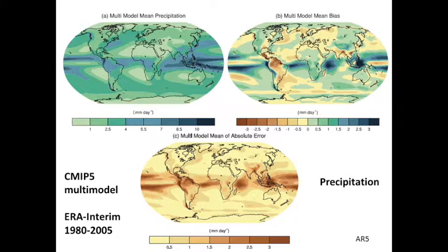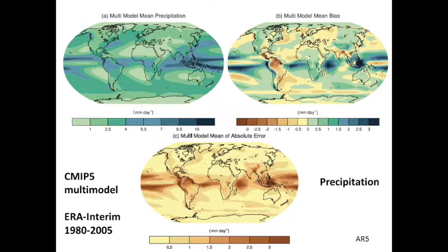This is the multimodel mean precipitation, and this is annual. There are differences across seasons, but here I'm showing only the annual because of the time. But we see that the models can represent the main features. For example, the precipitation in the Amazon region, the precipitation in the Indonesia region.